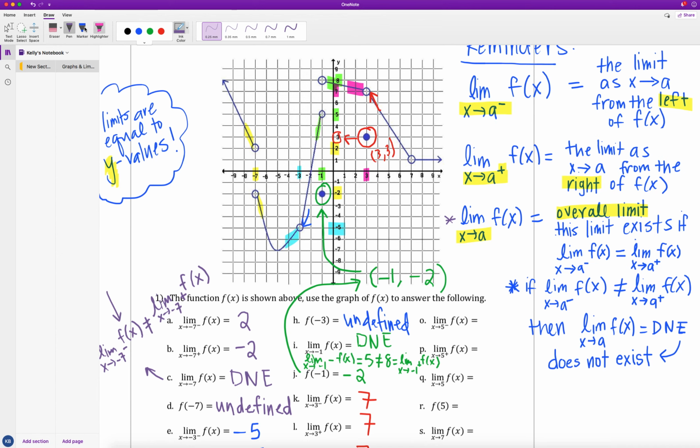So as I approach 5, let's go ahead and highlight it in yellow, I'm just looking at this straight line right here. There is no discontinuity, there is no open circle happening here.